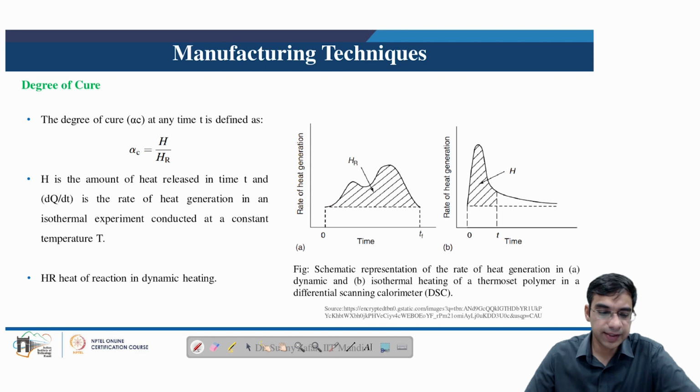Degree of cure is basically the ratio of the amount of heat released in time t, H, to HR, the dynamic heat of reaction in dynamic heating, measured in an isothermal experiment conducted at constant temperature T. This is estimated using differential scanning calorimetry, where we calculate how much heat is released once the part is curing, and what total amount of heat should be released if the degree of cure is 100%.